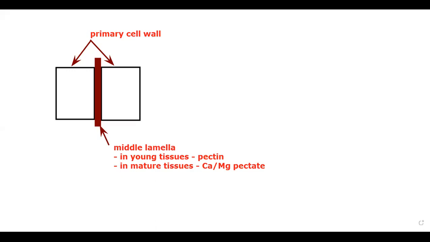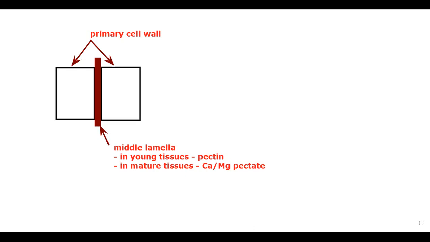Okay. So, if you compare primary cell wall and secondary cell wall, which one is thicker? Secondary cell wall is thicker. So which one could be more flexible?